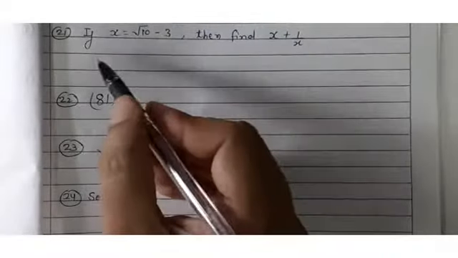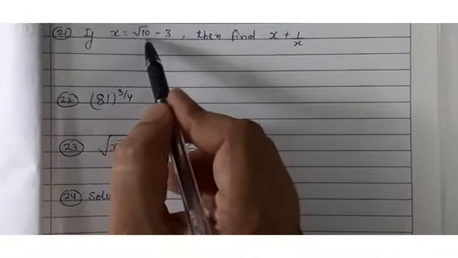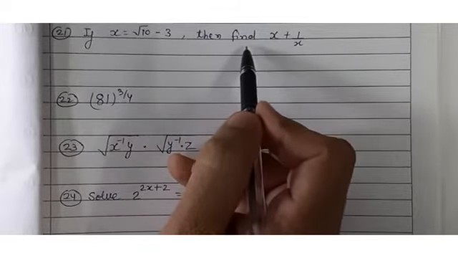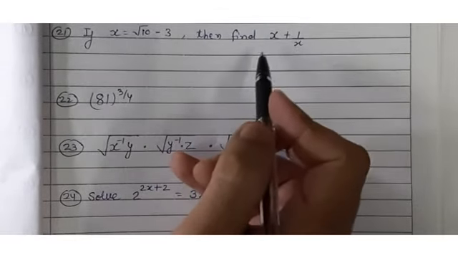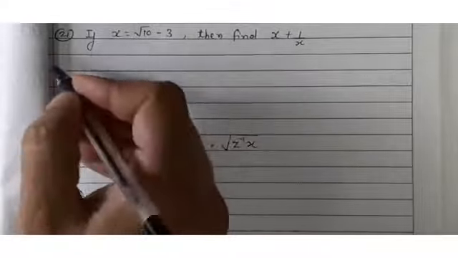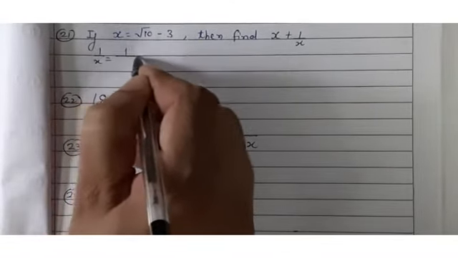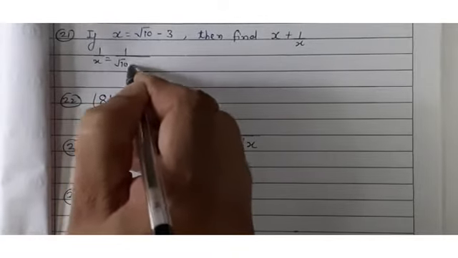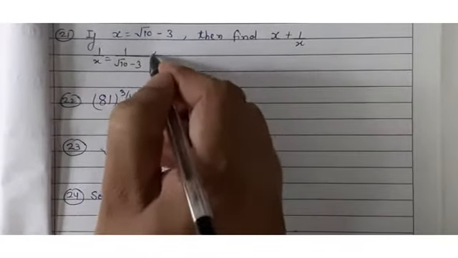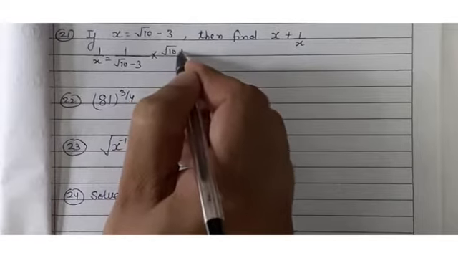Come on, question number 21. x is given to you, root 10 minus 3. Then you have to find the value of x plus 1 upon x. Okay, first of all you find 1 upon x. 1 upon x means 1 upon like this. After that you have to find the rationalizing factor.